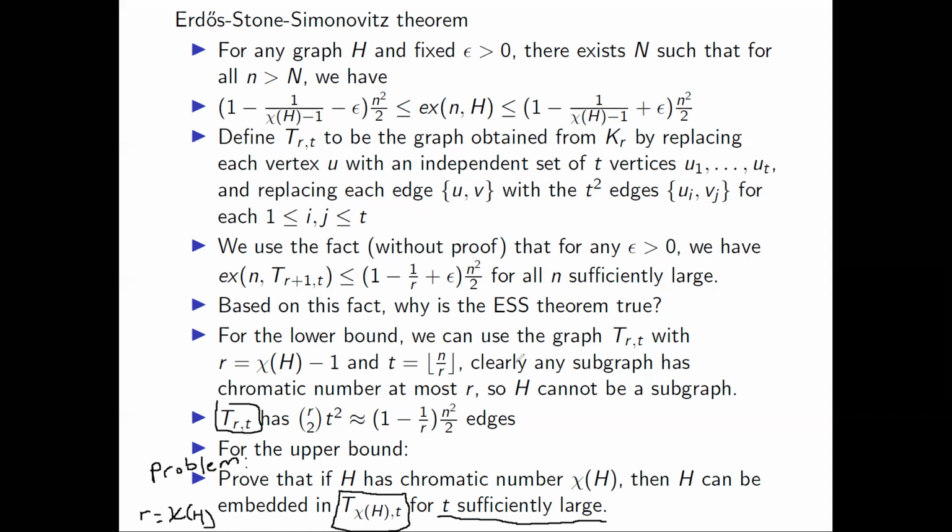And so I claim then, if you prove this problem that's left, that if H has chromatic number chi of H, then H can be embedded in this graph T of chi of H comma t for t sufficiently large, that tells us that T of chi of H comma t contains H for t sufficiently large.